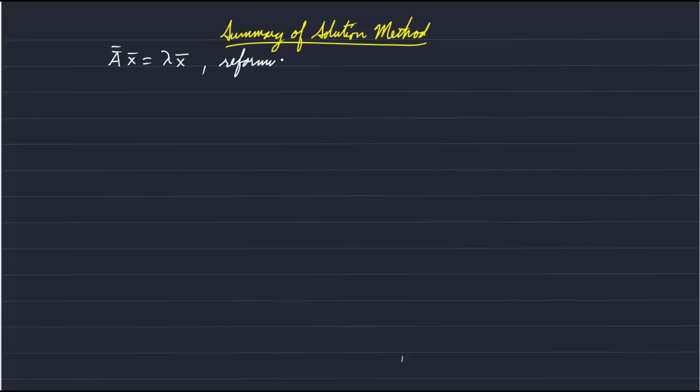So I'm going to summarize the solution method to the eigenvalue problem. Again, we start with Ax equals lambda x, and we can reformulate the equation as follows.